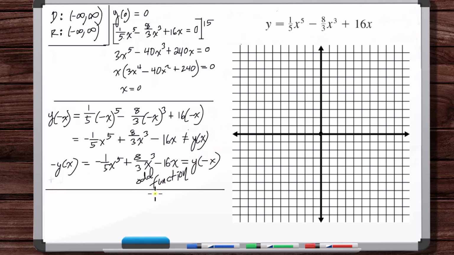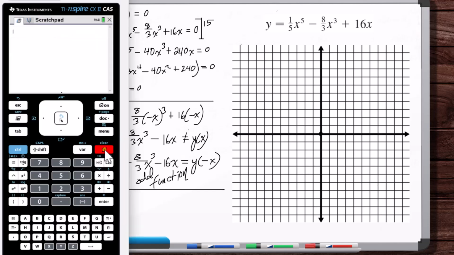Okay, cool. Now next let's find the critical points, both with respect to the first and the second derivative. It'll be faster to use our calculator here. So now let's take the derivative with respect to x of y.